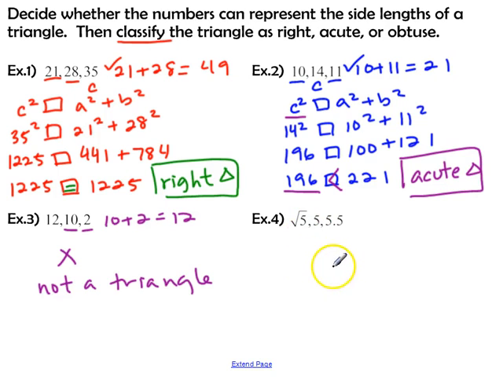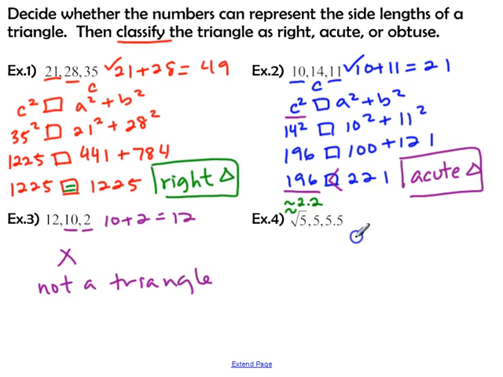In example 4, we have decimals and radicals, and that's okay. We just have to make sure that we calculate this carefully. First, when we're trying to decide whether the side lengths can make a triangle, we actually need to know the approximate value of square root of 5. If you put that in your calculator, it's approximately 2.2.